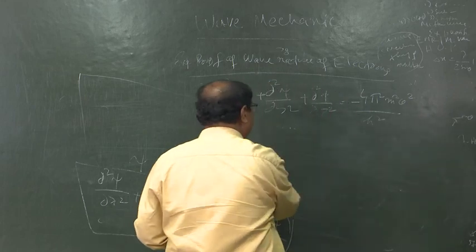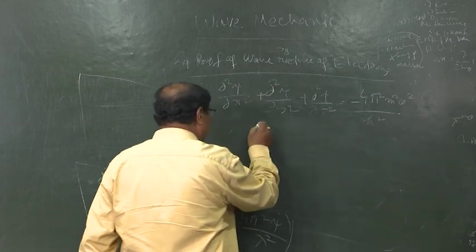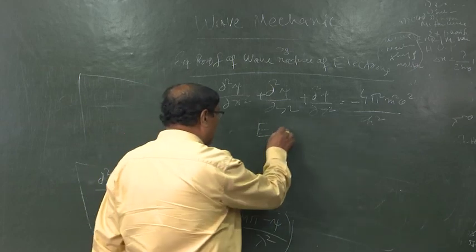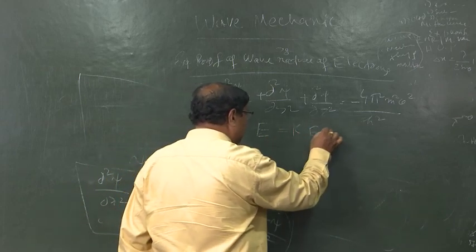So this is the equation. Now you consider the energy of the electron. The total energy is equal to kinetic energy plus the potential energy.